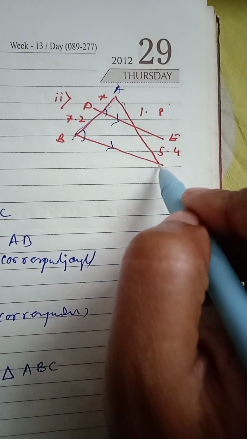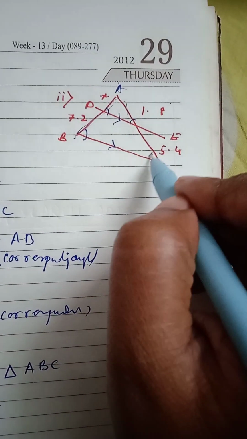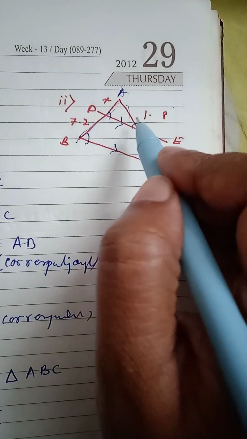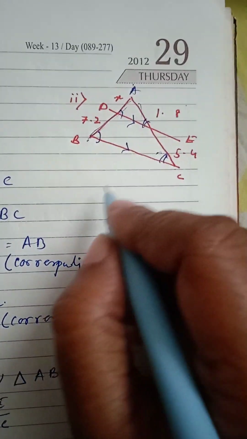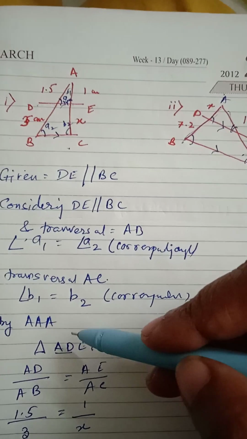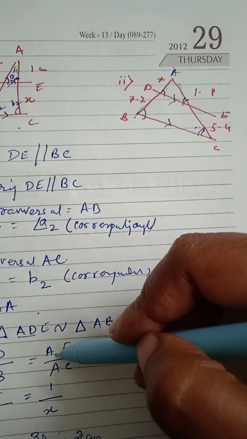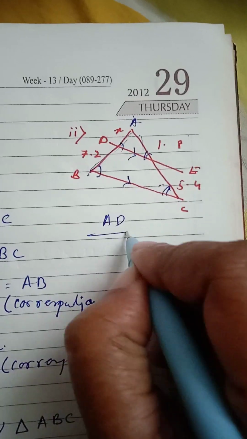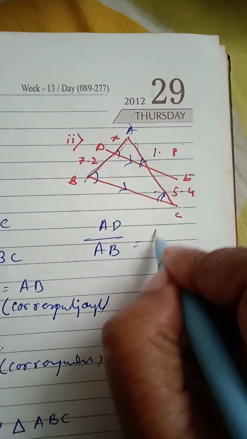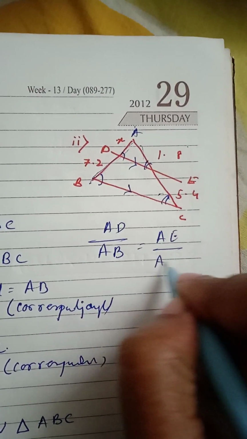If I consider this as transversal, I will get this angle equal to this angle, right? Fine. So in the same way, by AAA I will prove the triangles to be similar, and then I will say AD by AB is equal to AE by AC.